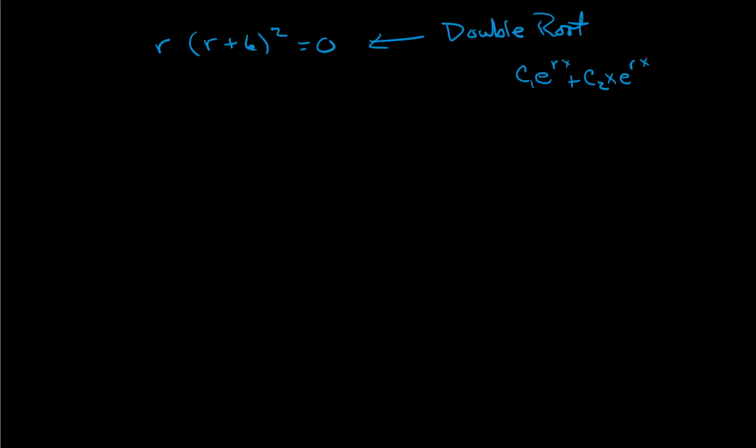So first assigning the root r equals 0 in our solution, we get y is equal to C1 e to the 0 times x, plus C2 e to the value of the root. Now be careful here. The root here is going to be negative 6. This is going to be e to the negative 6x plus C3. Here's where the adjustment for the double root comes in. We have x e to the negative 6x. Okay, so we have that.